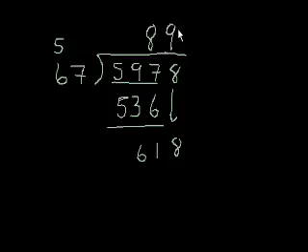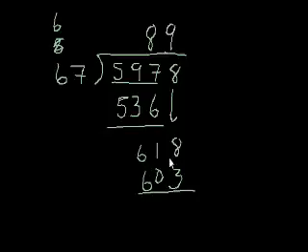9 times 7 is 63. 9 times 6 is 54, plus 6 is 60. Good. So it did actually go into it 9 times, because 603 is less than 618. 8 minus 3 is 5. 1 minus 0 is 1.